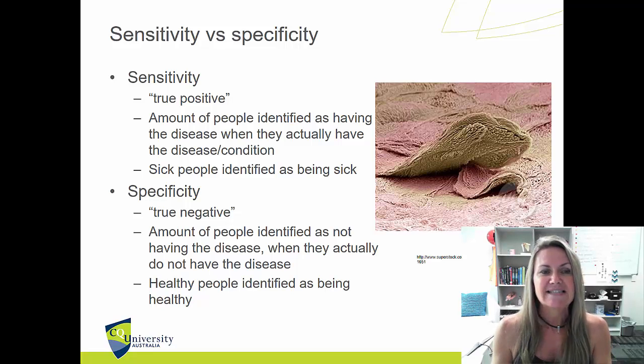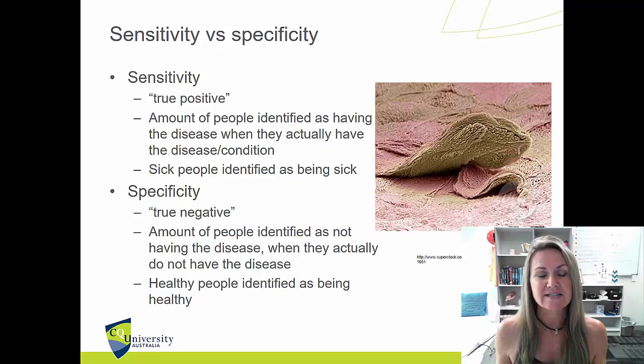Now, a little bit about sensitivity and specificity. Sometimes it's a little bit hard to get your head around if you just think about them as one being true positive and one being true negative. So for sensitivity, if something is sensitive, it means that that particular instrument is able to detect a patient or someone having the disease or having what it is that you're looking for.